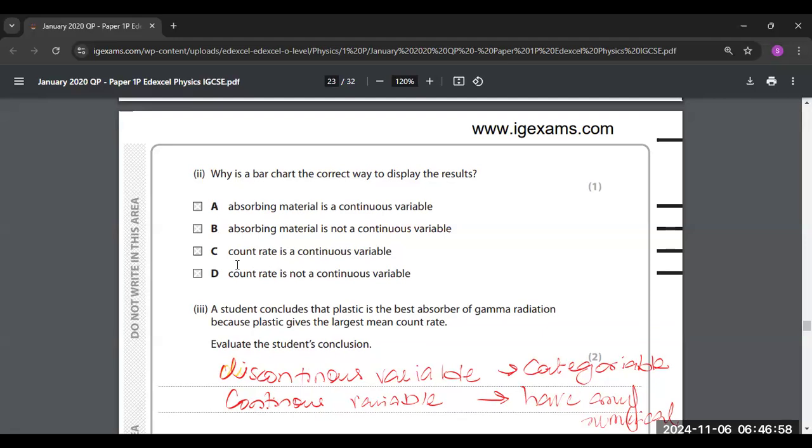So over here, absorbing material is not a continuous variable, it's a discontinuous variable, because it is in categories. Count rate is a continuous variable. So whenever our independent variable is categorical, or in categories, we use a bar graph. Shreya, I hope that's making sense.